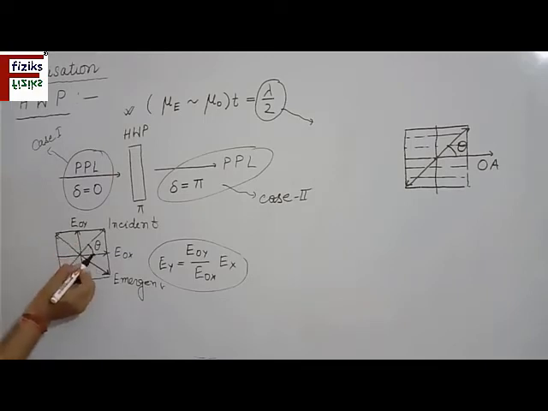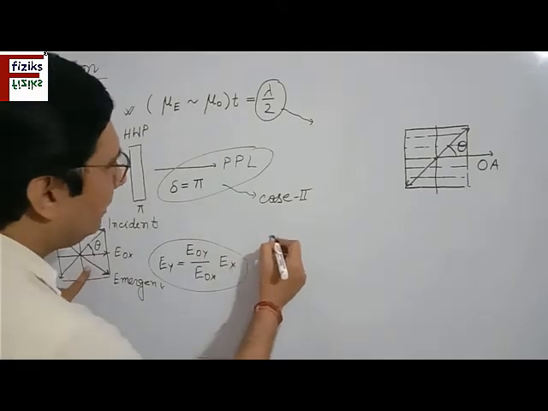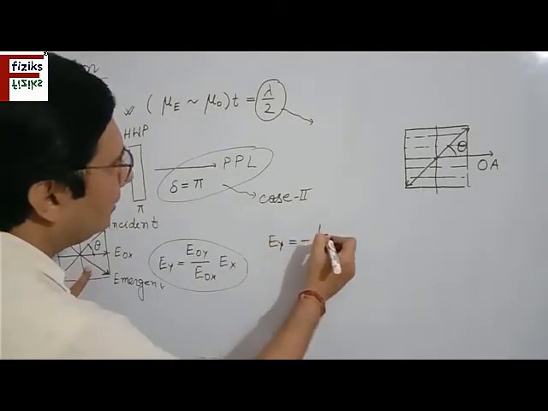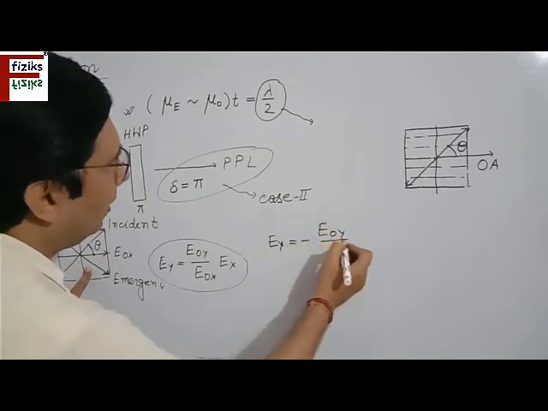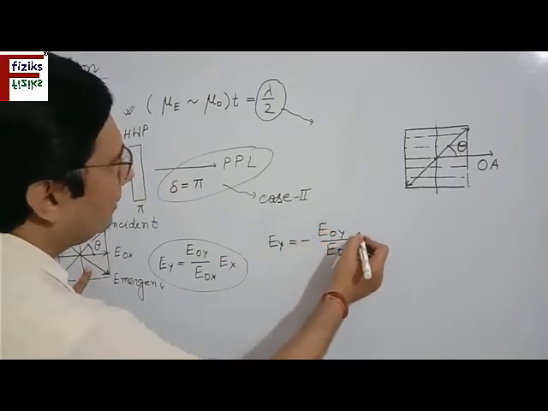So here this was making an angle theta, but here its equation will be Ey equal to minus tan theta, so it will be E naught y upon E naught x into Ex.